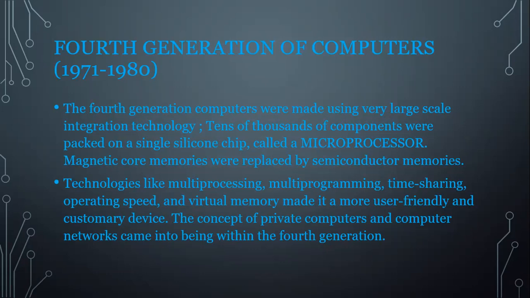The magnetic core memories were replaced by semiconductor memories. Technologies like multiprocessing, multi-programming, time sharing, operating speed, and virtual memory made it a more user-friendly and customary device. The concept of private computers and computer networks came into being with the fourth generation.